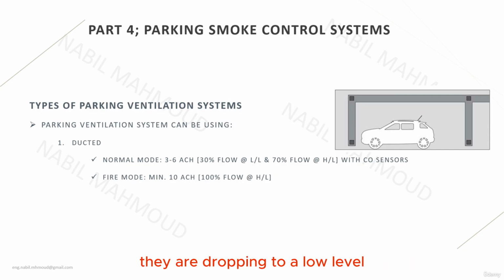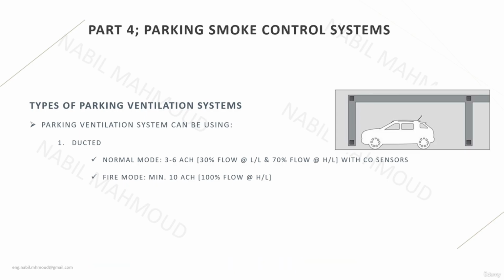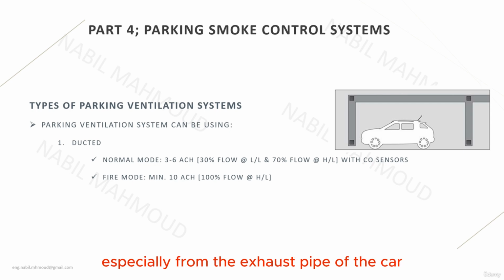They are dropping to a low level to suck the pollutants of the cars when they are idling or moving within the parking during the normal operation. This is also depending on the local extraction of pollutants, especially from the exhaust pipe of the car during the normal operation.